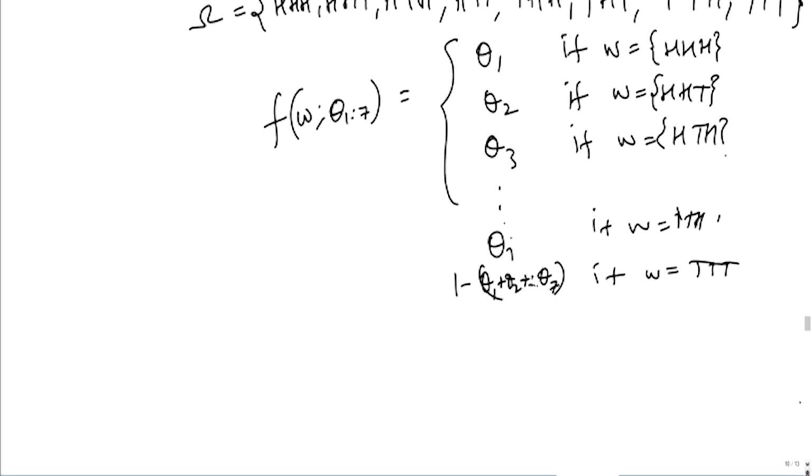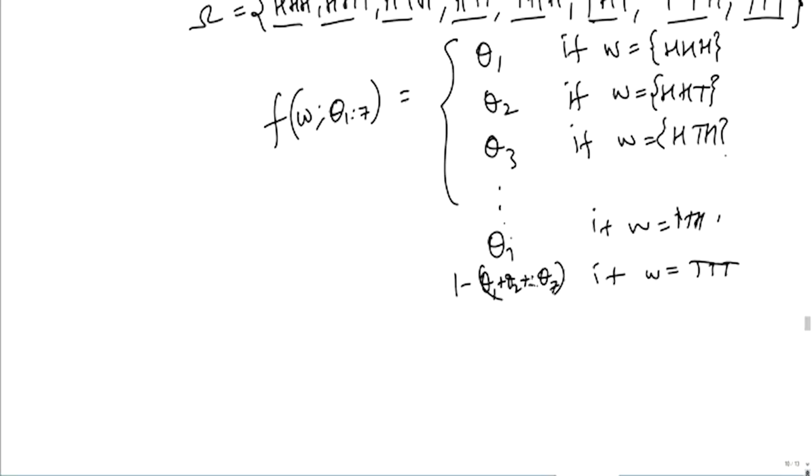Let's see. So the problem we are facing so far in defining these probability assigner functions is because of the fact that the outcomes that we have, or the elementary events that we have, are categorical by nature. Okay, these are not numeric.